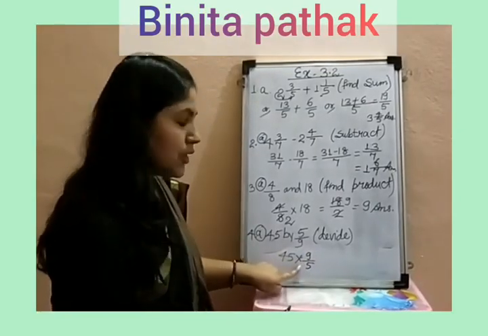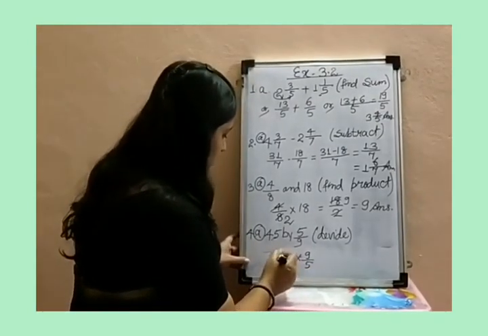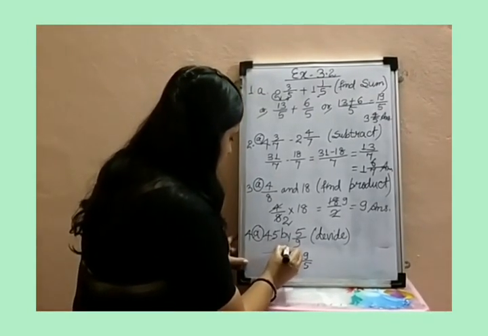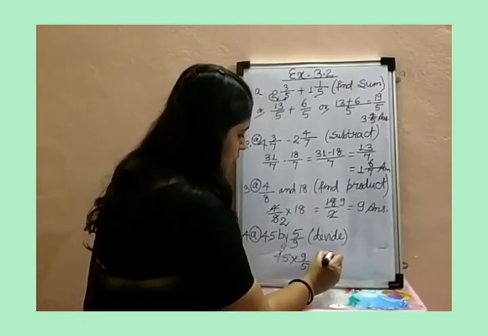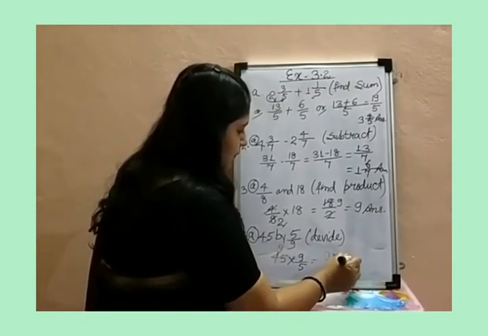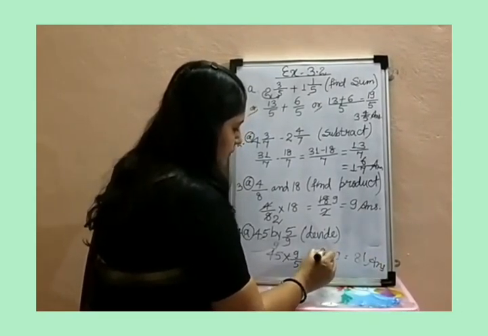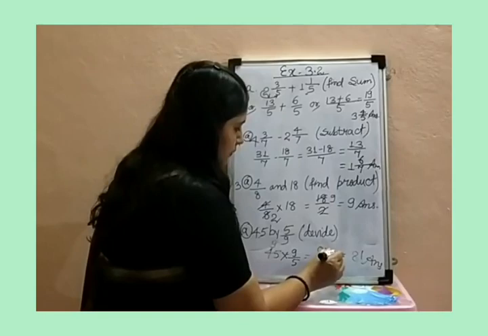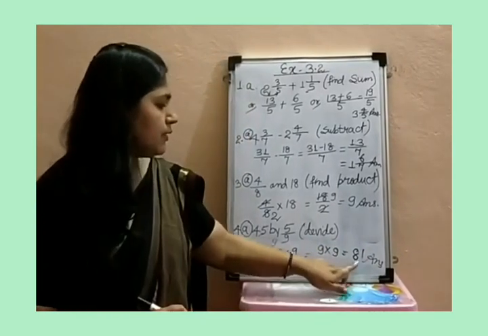So 45 into 9 upon 5. Now cancel this, that is 9. 9 into 9, 81 is the answer.